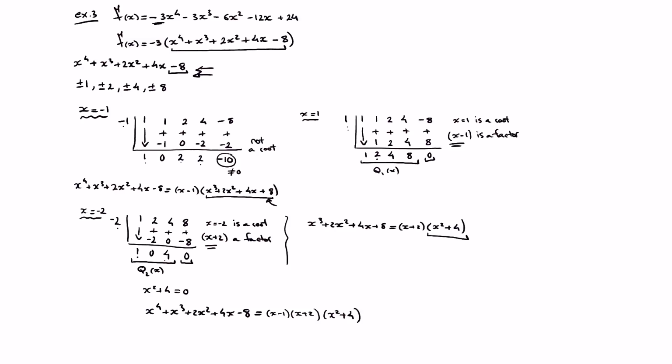And we cannot go any further within the set of real numbers. Finally, we go back to the very beginning and remember that we had placed negative 3 as a factor. So we state our final answer, which is f of x equals negative 3 times x minus 1 times x plus 2 times x squared plus 4. And there we go. That's how we root factor polynomials.